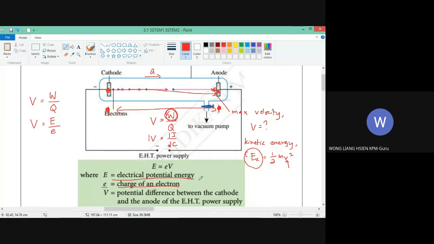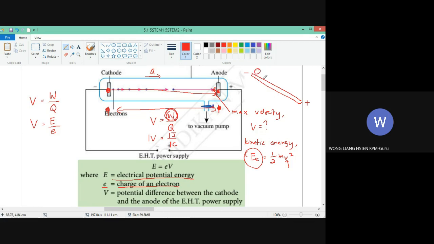You can see why it's called electrical potential energy, because the cathode is negatively charged and the anode is positively charged. You can imagine the cathode and the anode like a slope. Here is a cathode, here is an anode, and this is the electron.